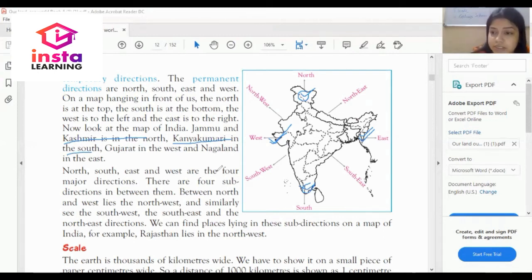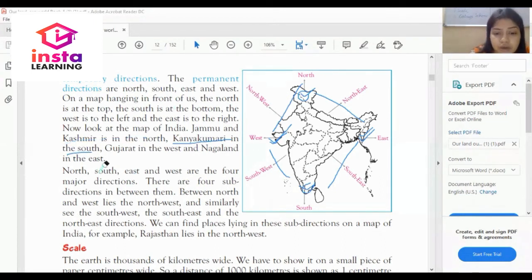Let's discuss these sub-directions. The part between north and west is northwest. The part between north and east is northeast. The part between east and south is southeast, and the part between west and south is southwest. So these four are sub-directions of the major directions.